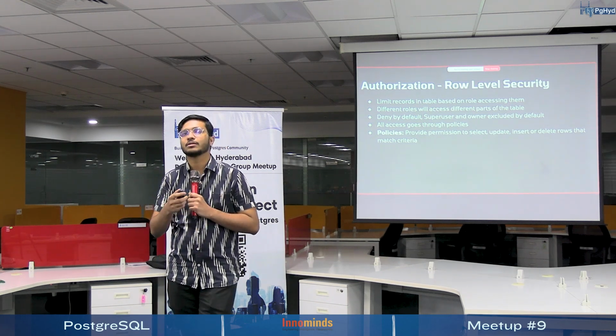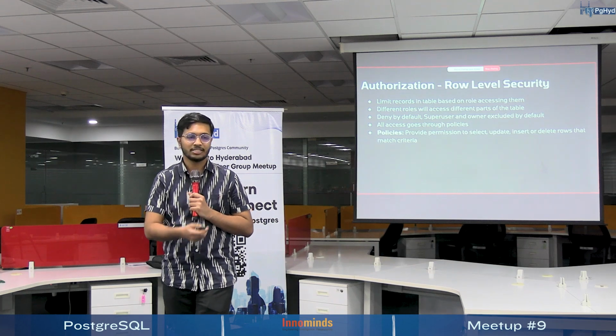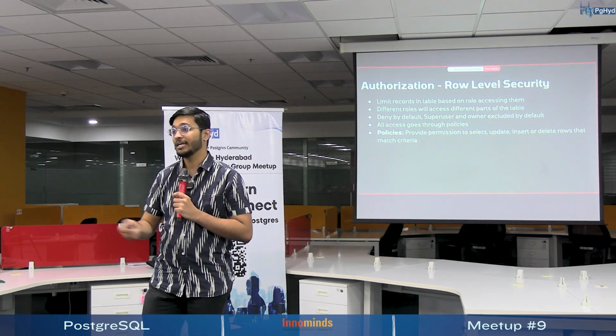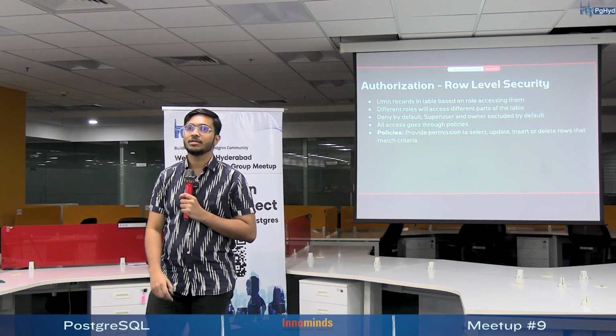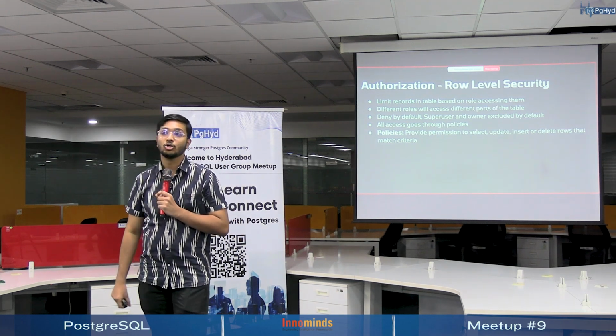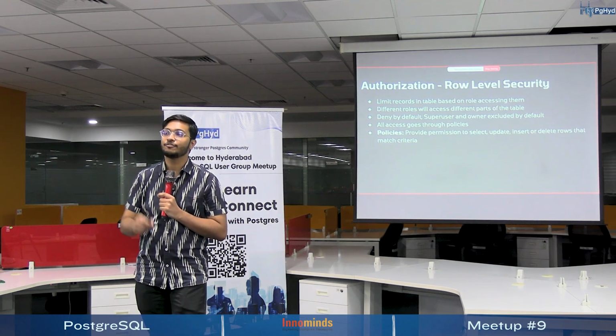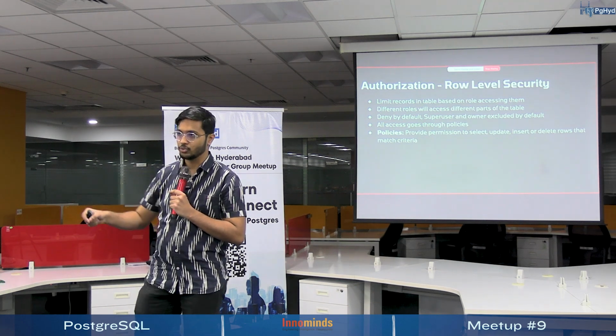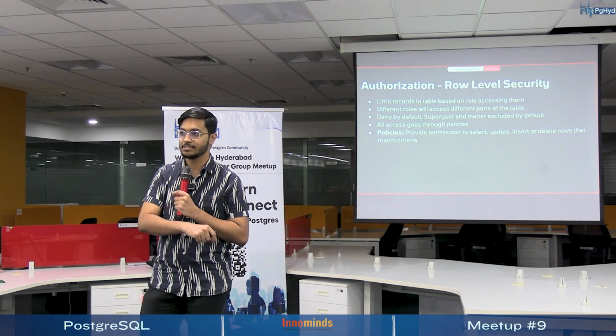One of the good things about setting up row level security is that it is deny by default, which means once you have enabled row level security on a certain table, no one can access it unless you specify a policy to a particular role that grants it that access.